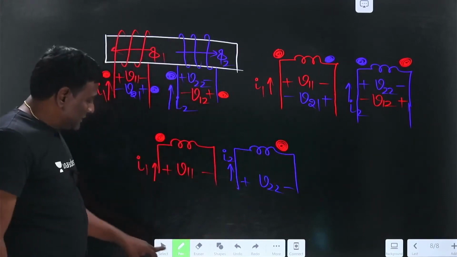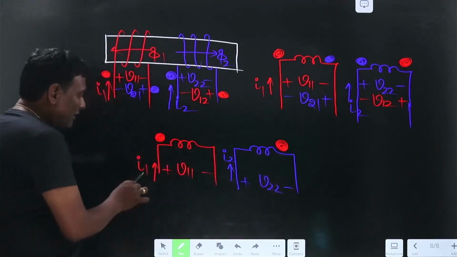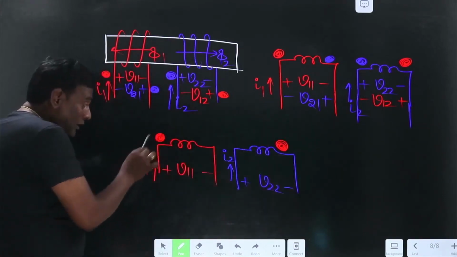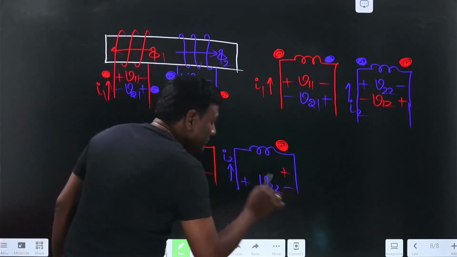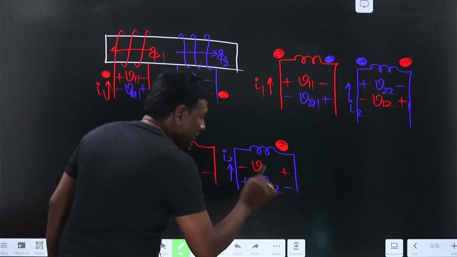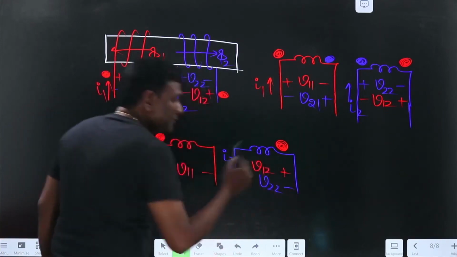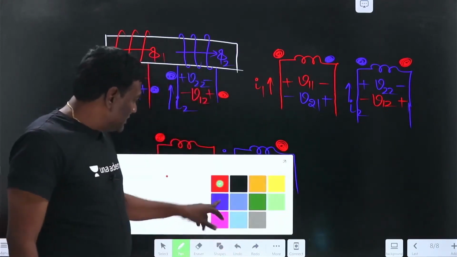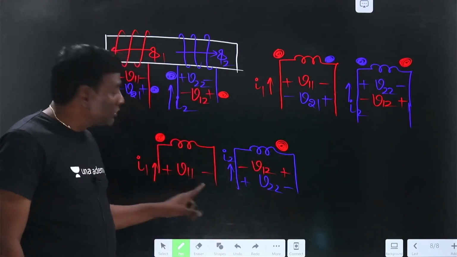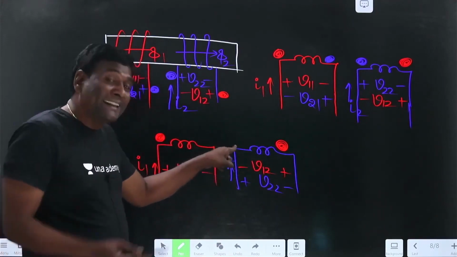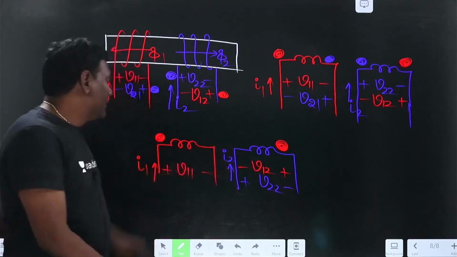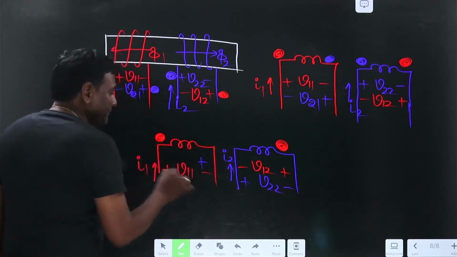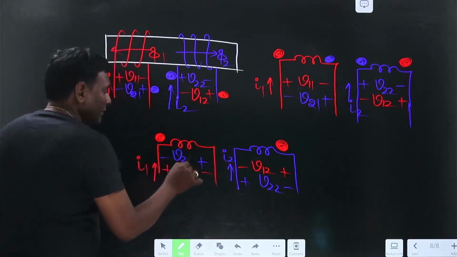Now, whenever this current is entering into the dot, this dot is going to become positive. This is going to be because of 1 in 2. Or in the opposite way, from here to here also should come, no? Whenever blue current is entering into the undot, this undot is going to be positive. This is going to be because of 2 in 1.